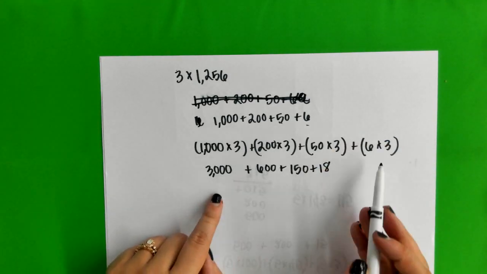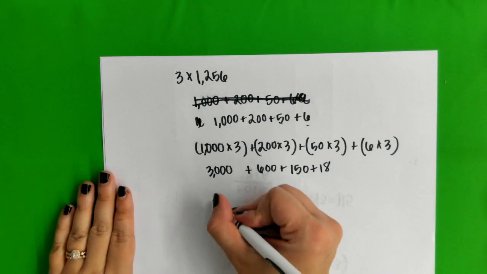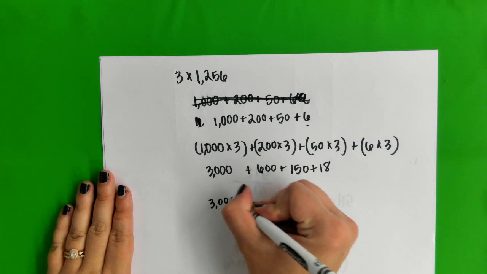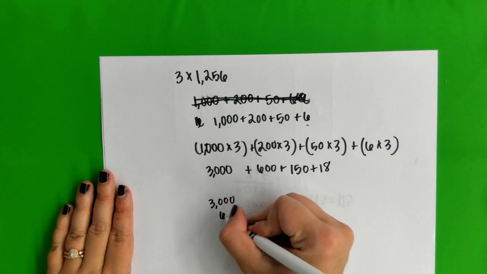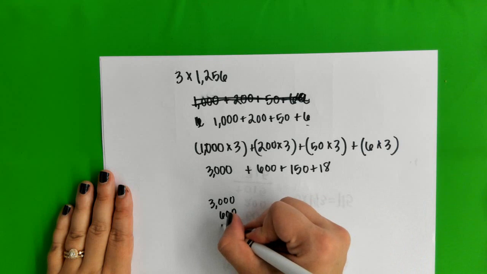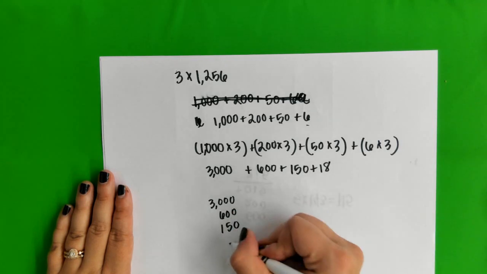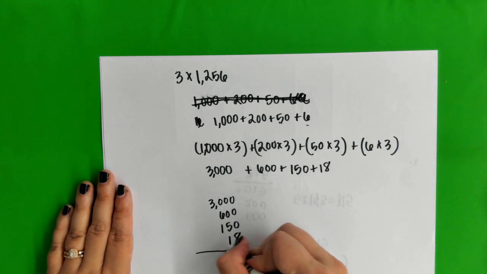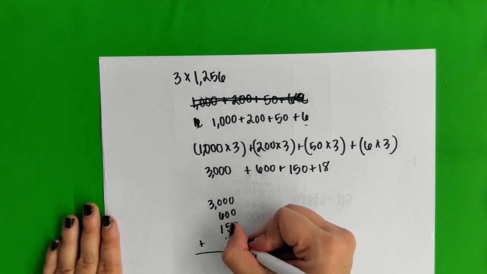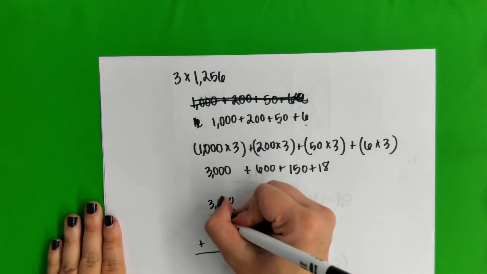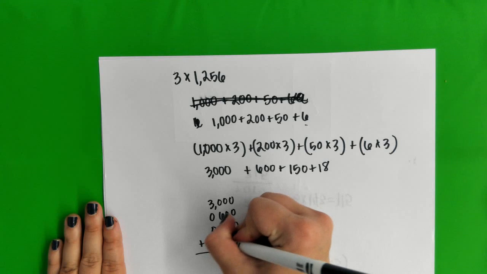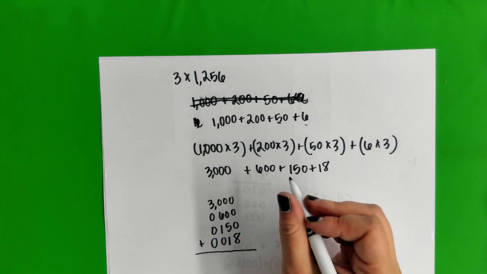So then I can take all of these numbers, I can stack them up. And I can add them up. And if it's easier to put placeholders in, we can stick zeros in so we make sure we have the same amount of digits in every single number.